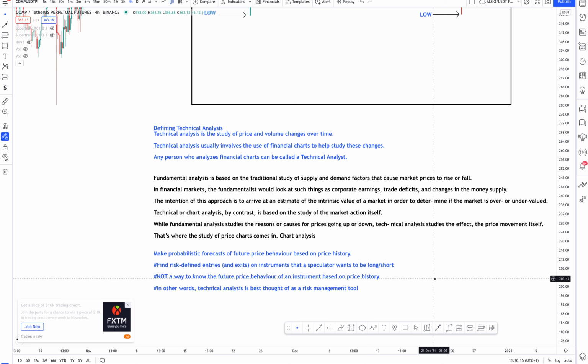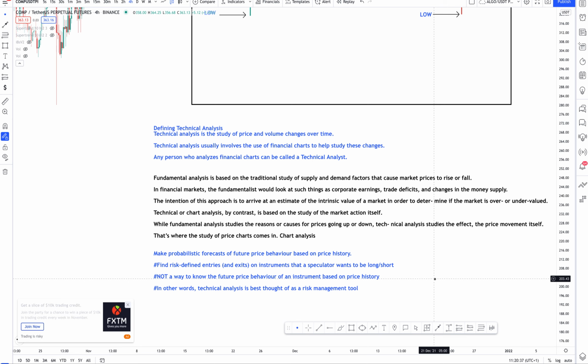That is what it is for me, right? It's understanding risk management, how best to not really avoid but manage risk, right? Where to enter the trade, where to exit the trade based on technical factors, right?